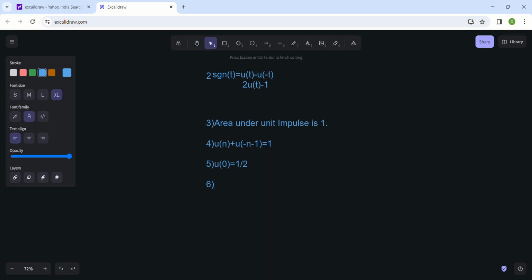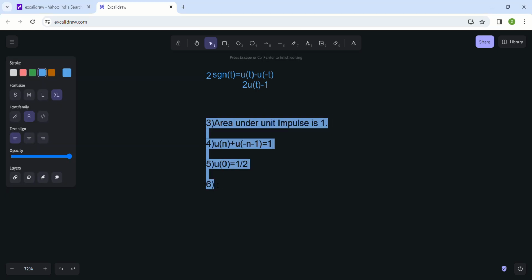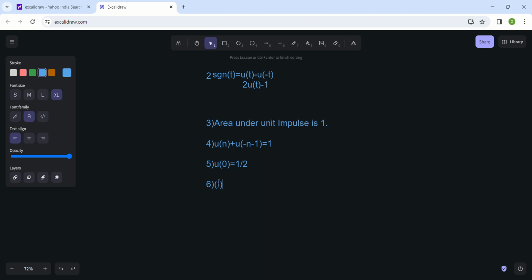Sixth one. We already know the area under the unit impulse is 1, unity. How can I show it in mathematical form? The integral of delta of t is equal to 1.